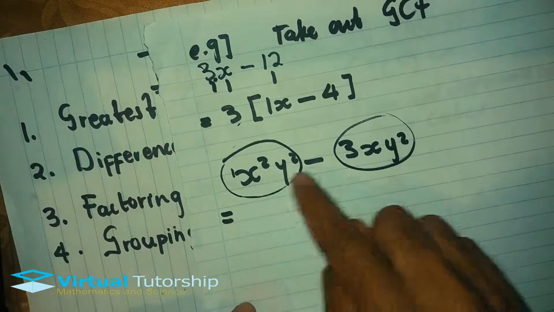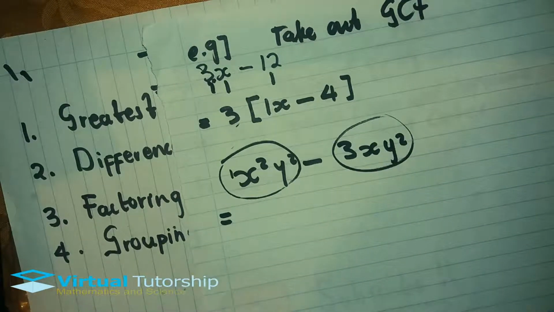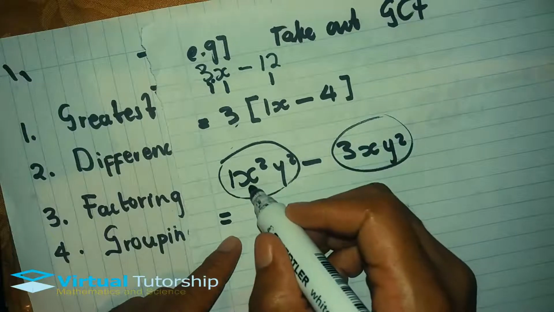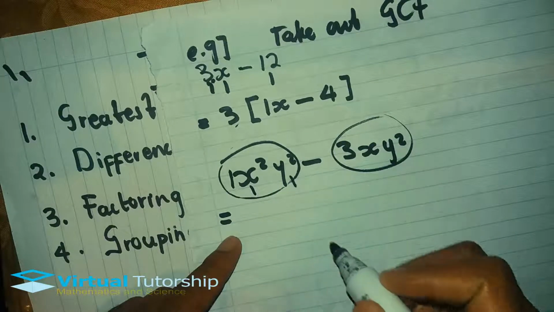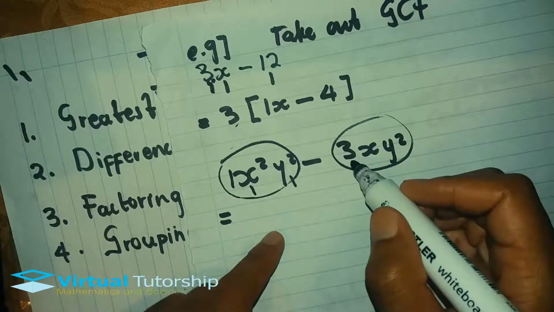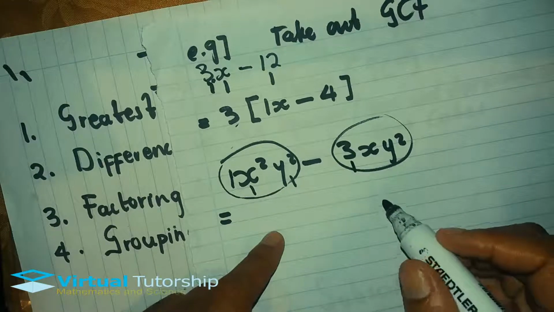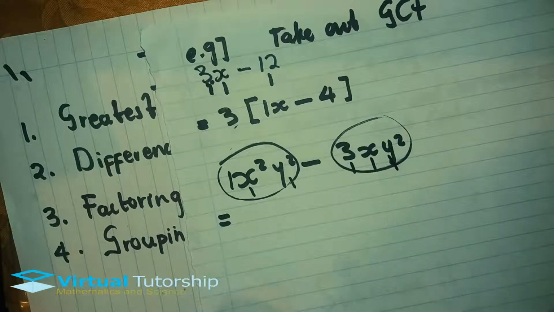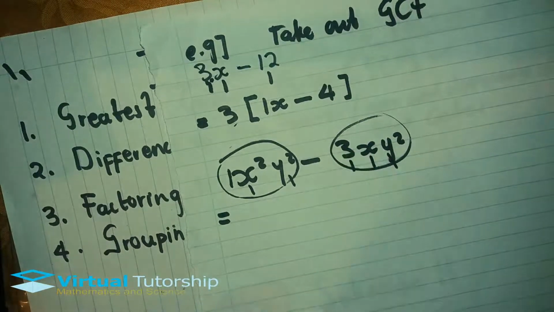In other words, lento le expression le yini i-binomial, right? 1 as a coefficient, x squared y squared, ne? First term as ama-variables wami, ku-second term 3x and y squared. The x and y squared ama-variables, the 3 is my coefficient.